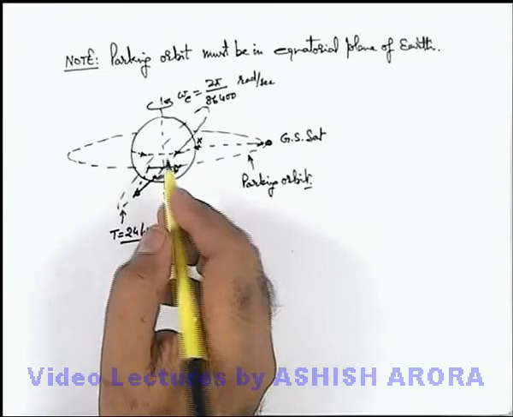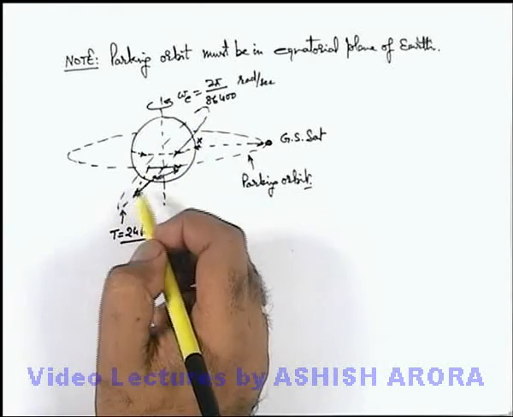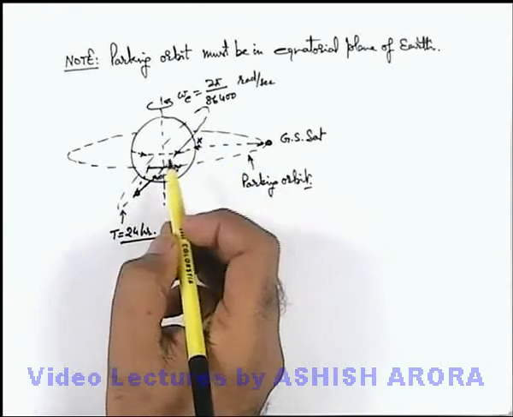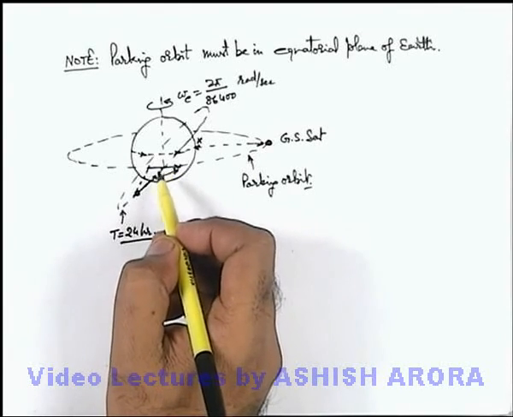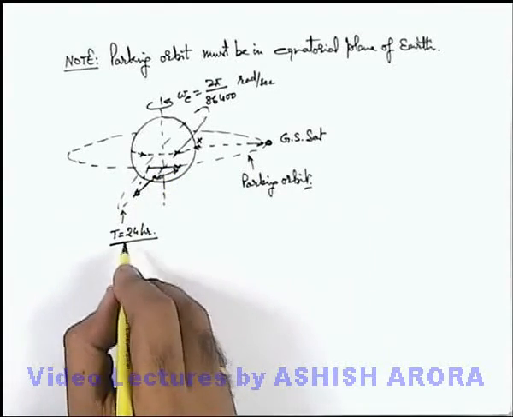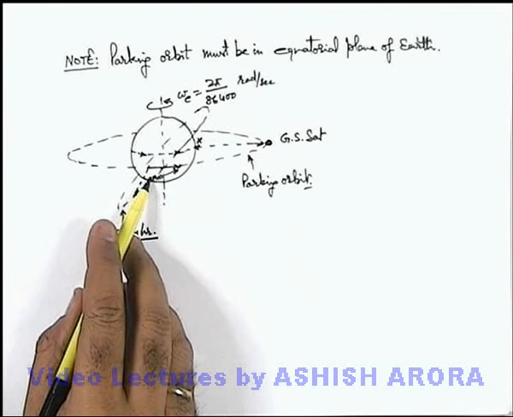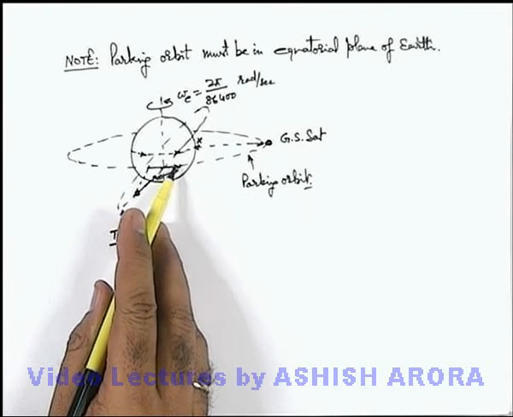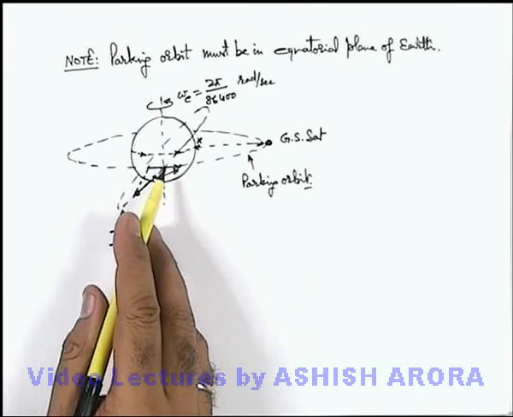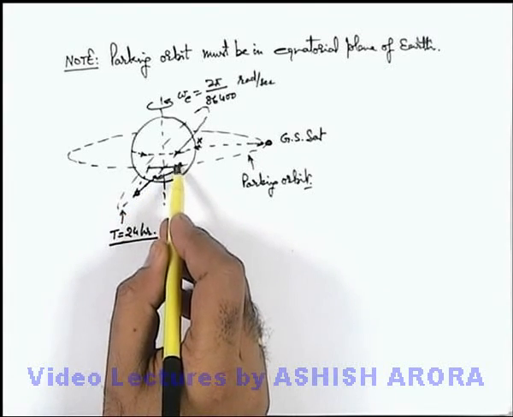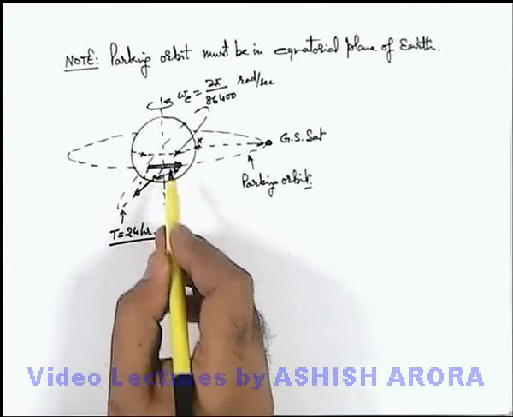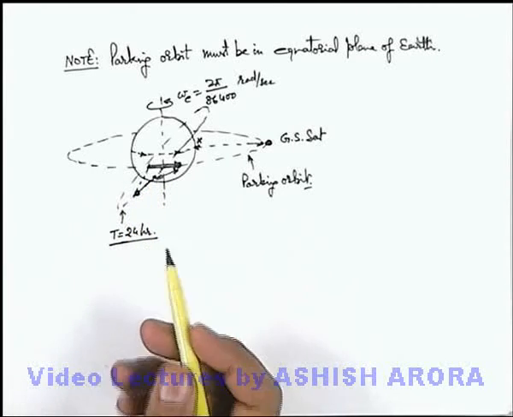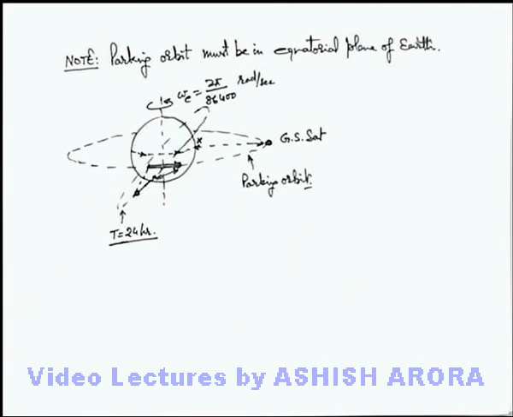We can state that in any other orbit which is inclined to the equatorial plane, even if the satellite has an orbital period of 24 hours, it will not appear to be at rest with respect to a point on Earth's surface. So for a geostationary satellite, the orbit must be in the equatorial plane; only then is it possible. Otherwise, if the orbit is inclined, the satellite won't be termed a geostationary satellite.